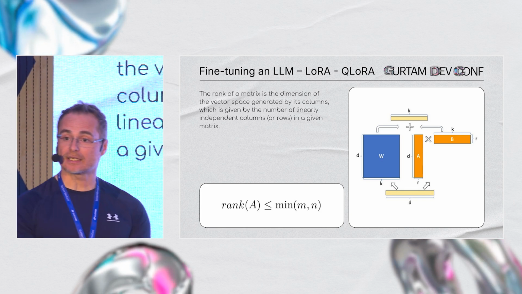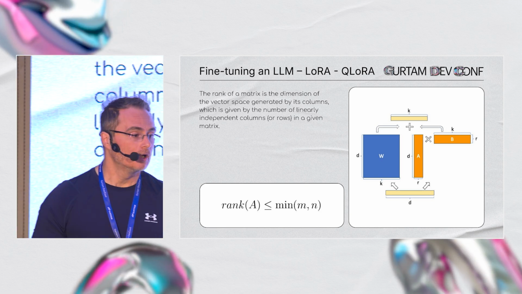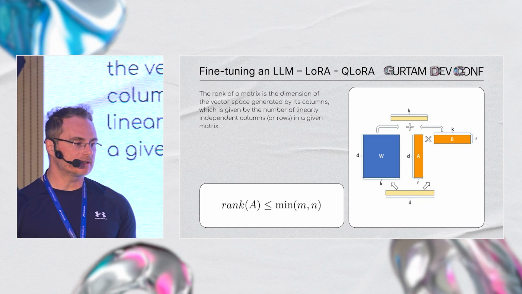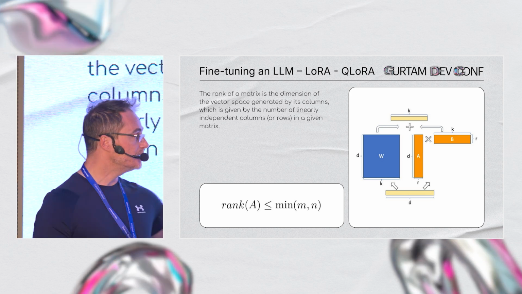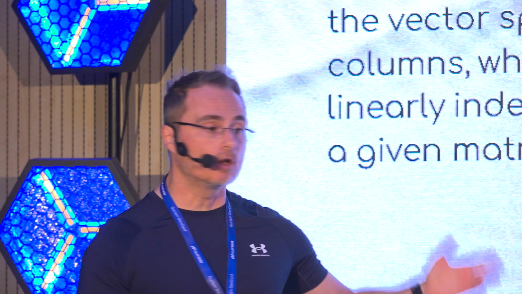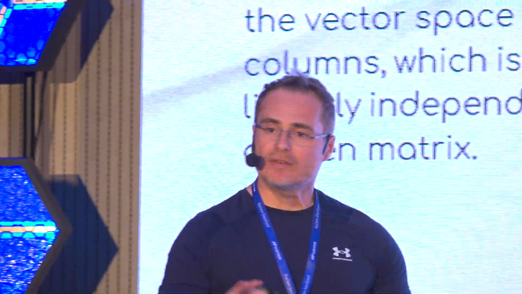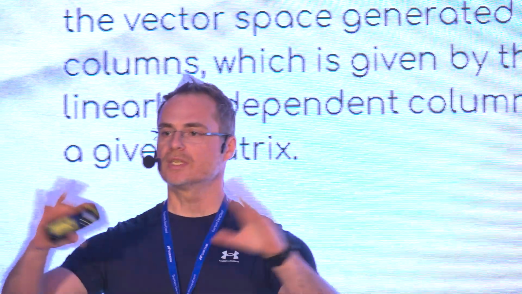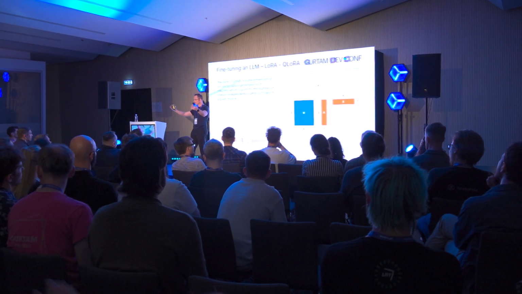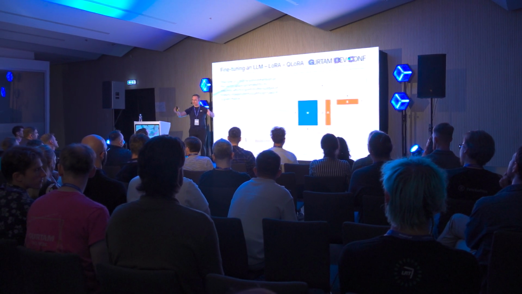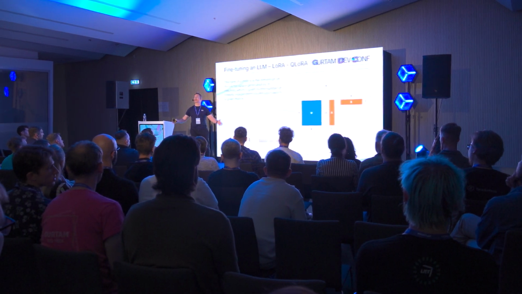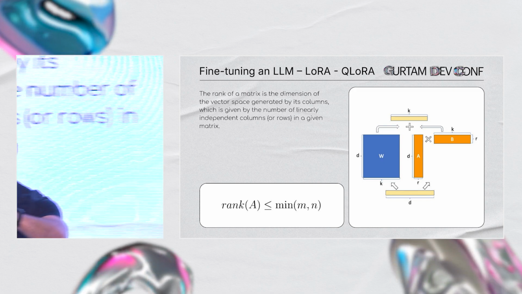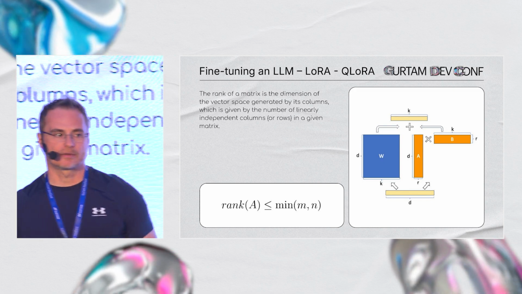But there are several techniques that help us do that. One of these, the most important, the one that works better than others, is a technique named LoRA, low rank adapter. And very quickly, how it works. You have to imagine a large language model, to simplify, of course. It's much more complex than that. But to simplify, let's imagine it as a big matrix. Training the big matrix is so expensive, as I said.